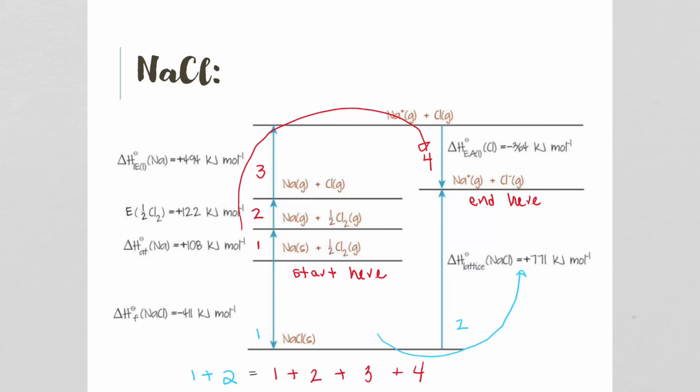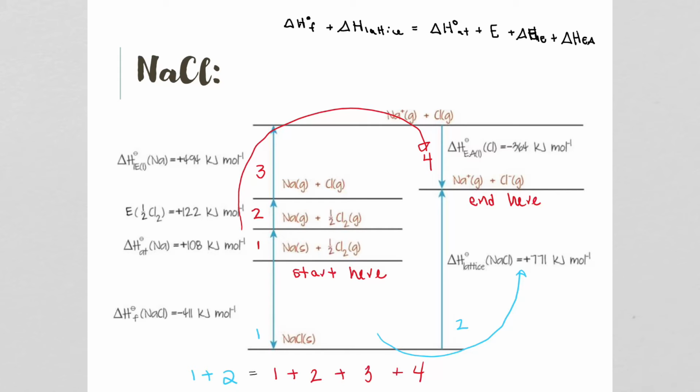We could write that as an expression, and we'll do that up here. So delta H of formation plus the delta H lattice is equal to the delta H of atomization plus the bond dissociation energy plus the delta H of ionization plus the delta H for electron affinity.